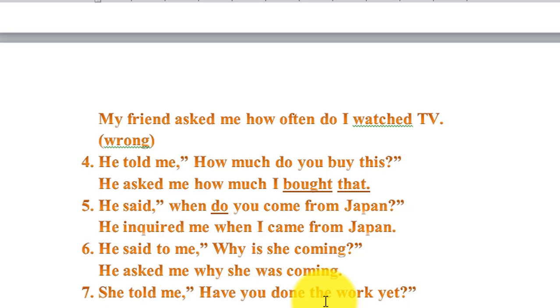This is the right reporting verb: she asked me whether I had done the work yet. What does "have you done the work" mean? If I have finished, yes, I have done; if I haven't finished, no, I haven't done it. She asked me whether I had done the work, meaning she asked whether I had finished the work or not.